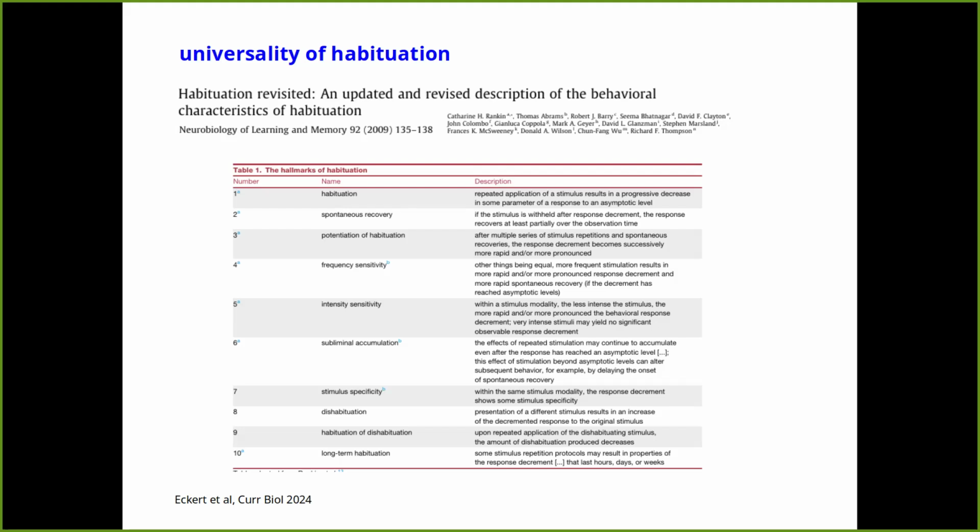So you can read these, and it's not necessary to remember all of them. But the point is that habituation seems to exhibit these very interesting hallmarks. And if you talk to a psychologist or an ethologist who's studying habituation in animals, you would have to show that these hallmarks were obeyed if you wanted to convince them that what you were observing was a true form of habituation.